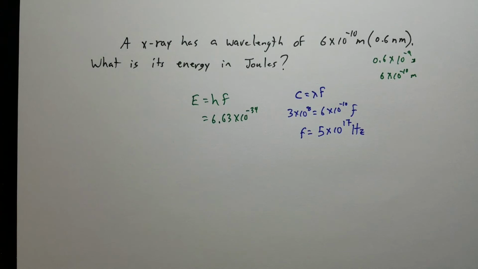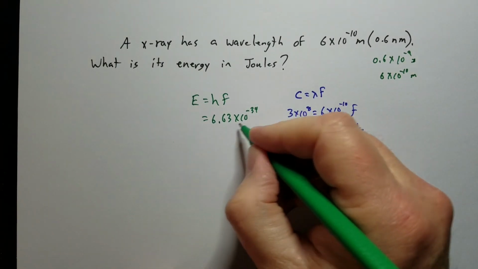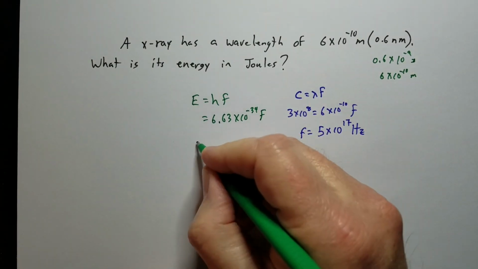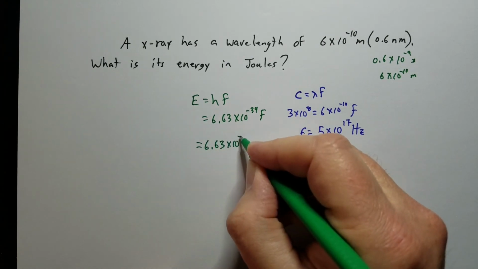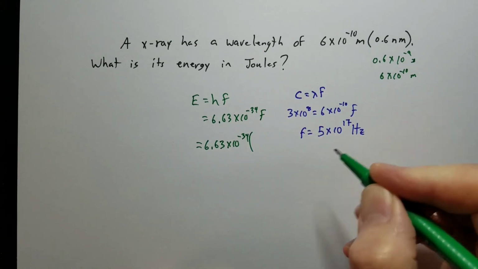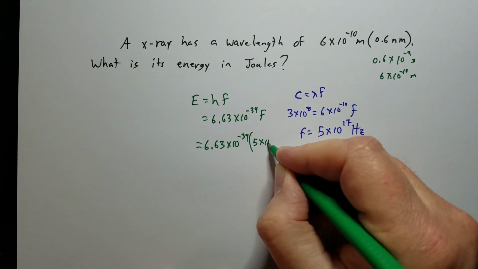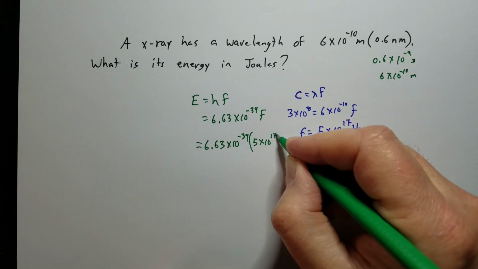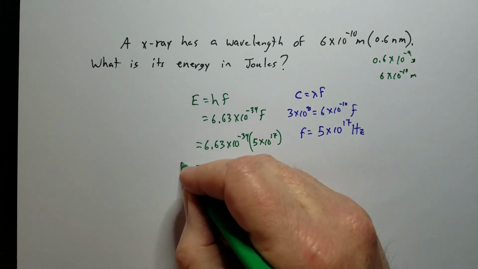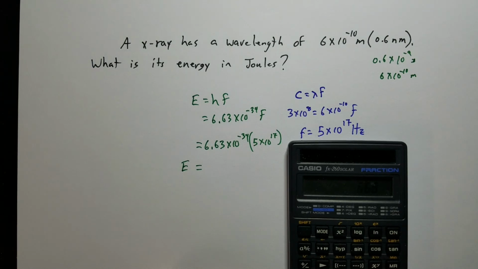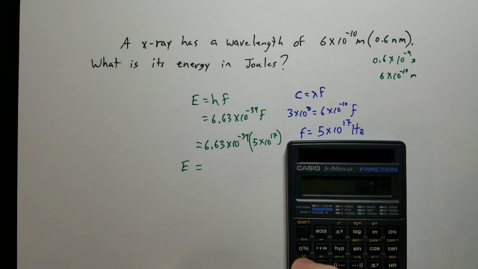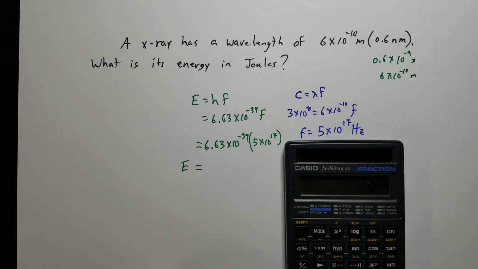So let's put that in. So there's our frequency. So we add it in. 6.63 times 10 to the minus 34. Now we know the frequency is 5 times 10 to the 17th. And we get an energy of 6.63 times 10 to the negative 34 times 5 times 10 to the 17th.